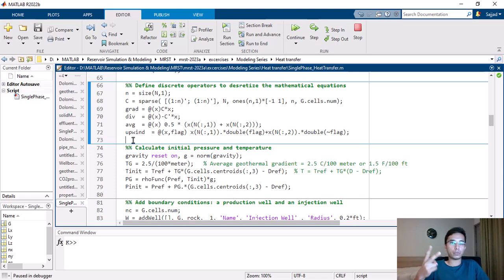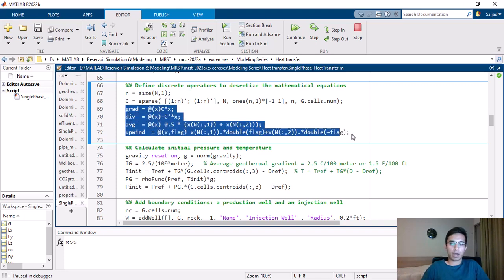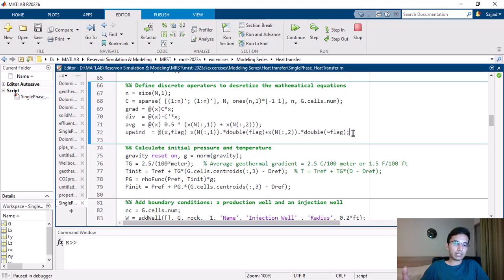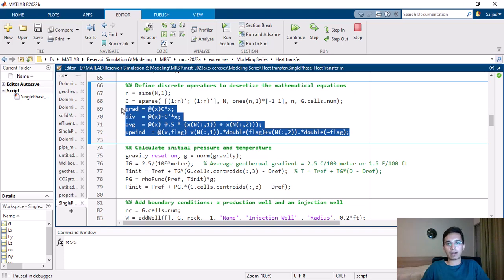So we have two residual equations, or two governing equations. For writing those governing equations, we need these operators. In MRST, we use these operators for writing the governing equations.